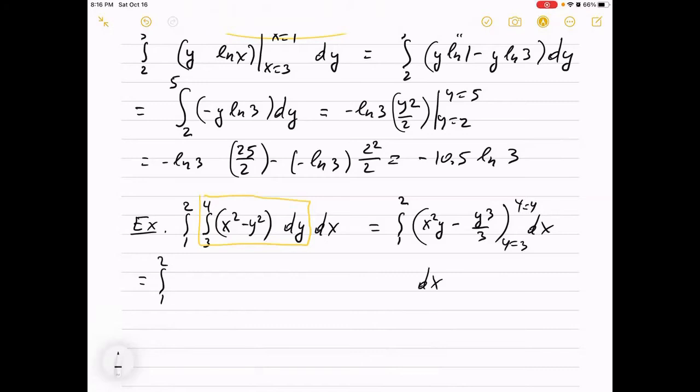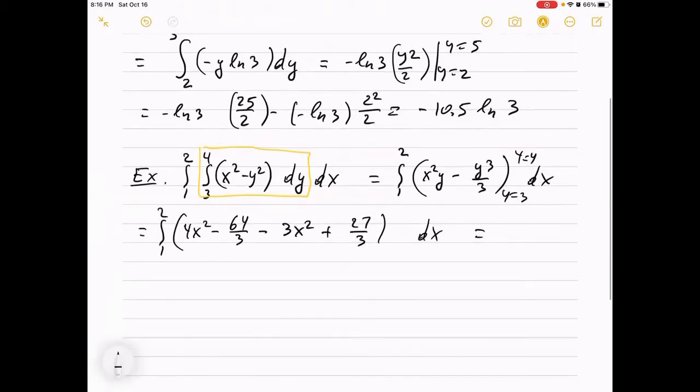Substituting 4 for y, we get 4x squared minus 64 over 3, minus, substituting 3 for y, 3x squared, minus a minus gives us plus, so plus 27 over 3.